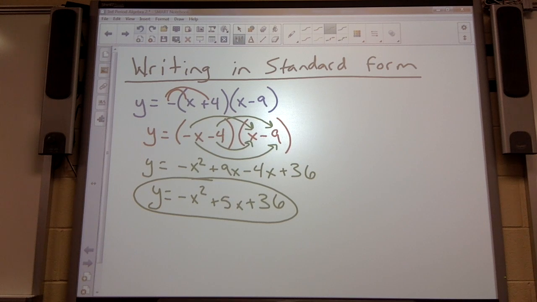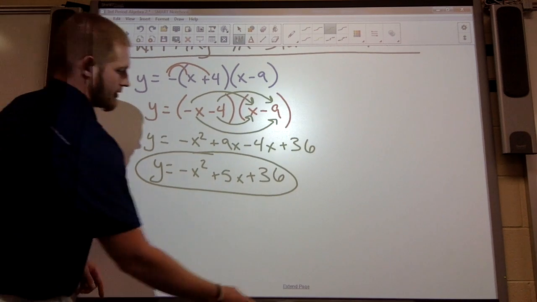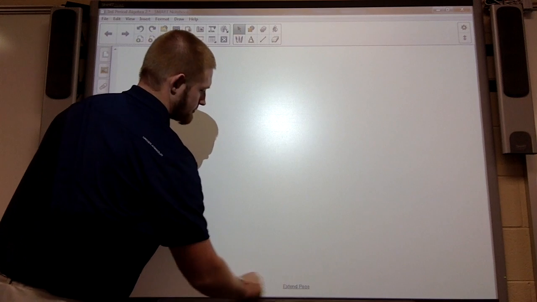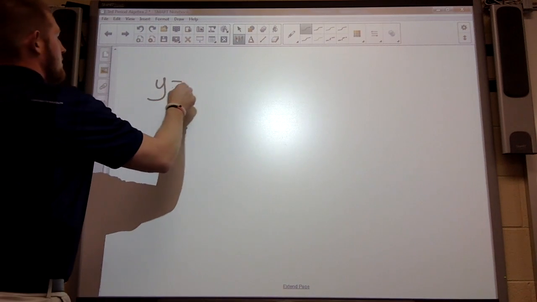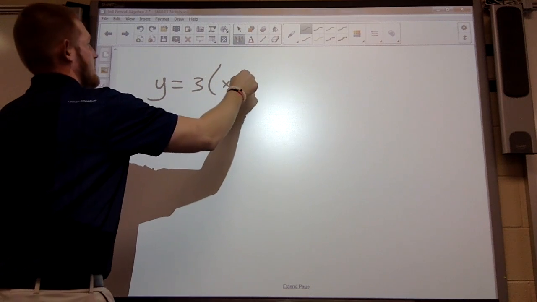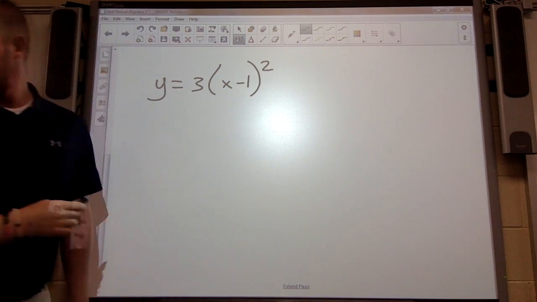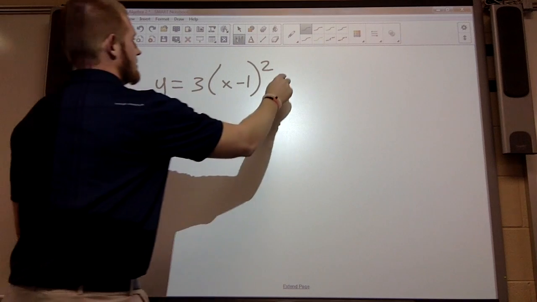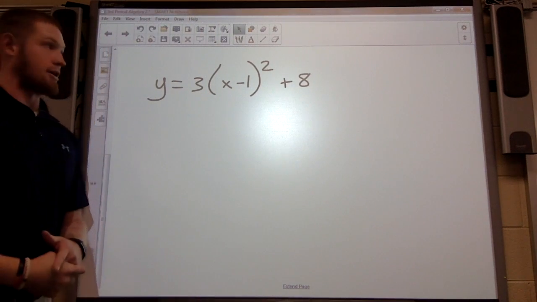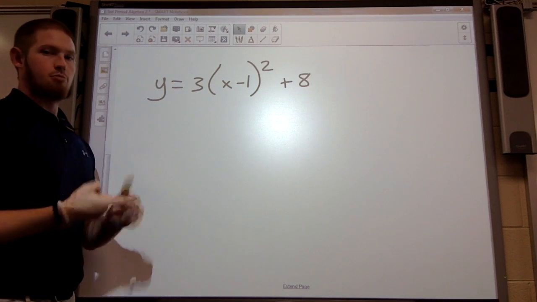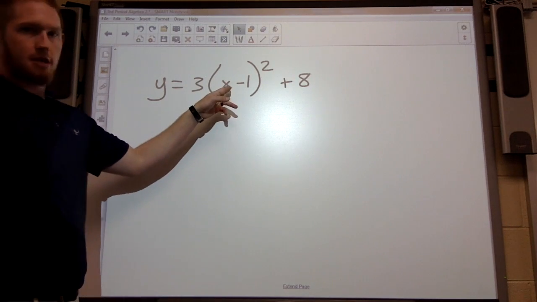Okay, let's do one more here that they have there as an example in the book. I have y equals 3 times x minus 1 squared plus 8. You have to be very careful on your order of operations. First comes parentheses. Is there something inside parentheses?